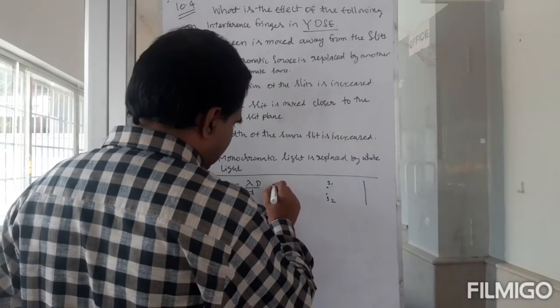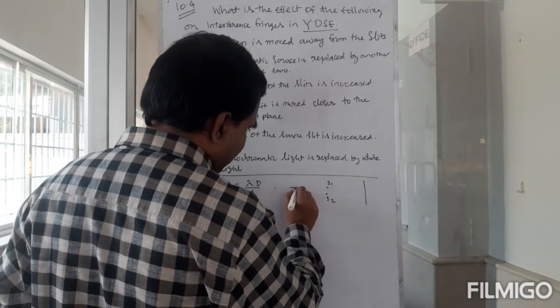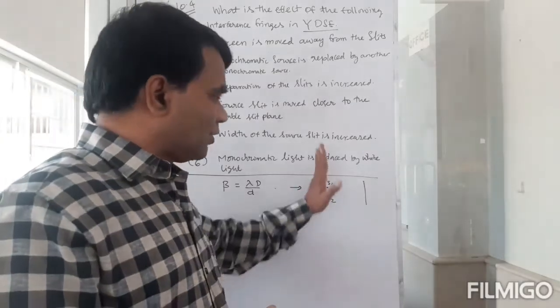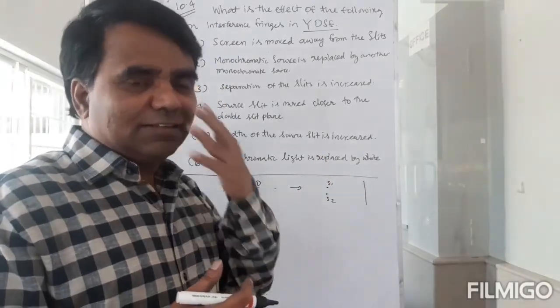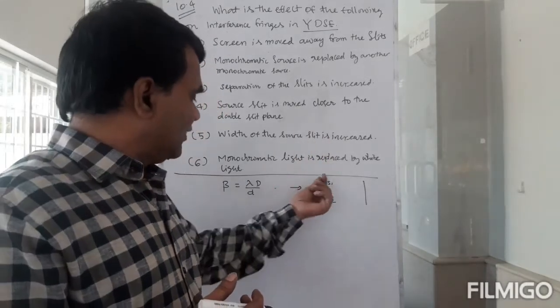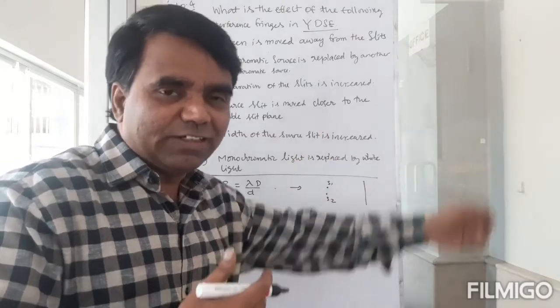So suppose this source slit is moved closer to the plane, then clearly you are not going to get plane waves. The wave that reaches here will not be a plane wave. It will become more and more spherical.